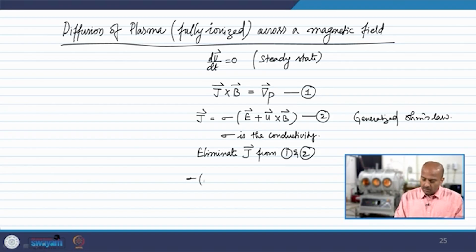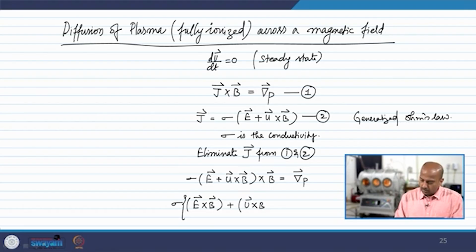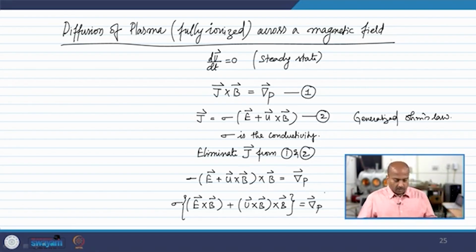So, sigma times E plus U cross B is del P. Just some vector operations: E cross B plus U cross B is del P.